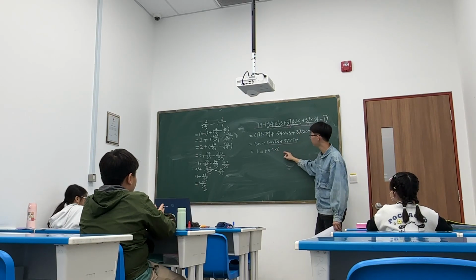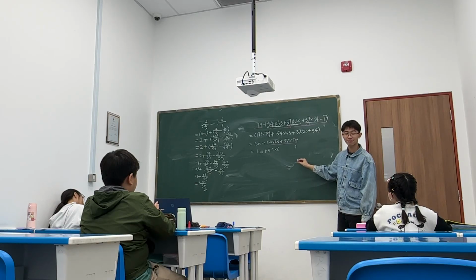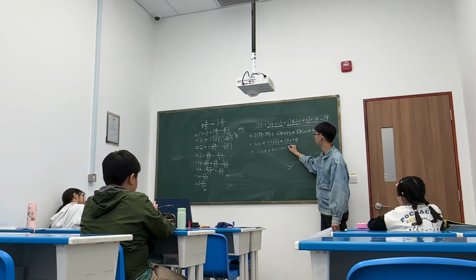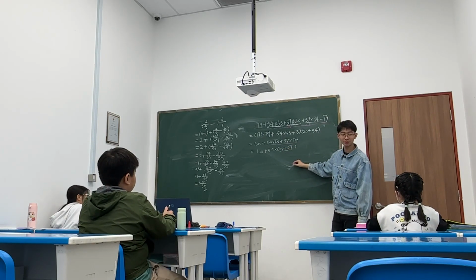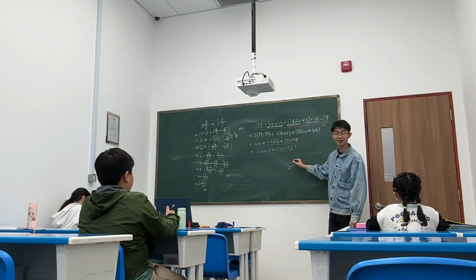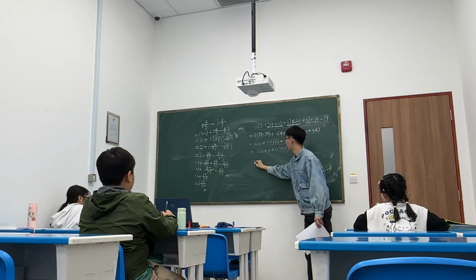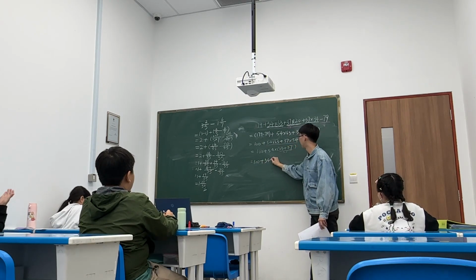Bernice, can you explain to me what I should put inside this bracket? 63 plus 37. What is this sum? 100. So you get 100 plus 54 times 100.